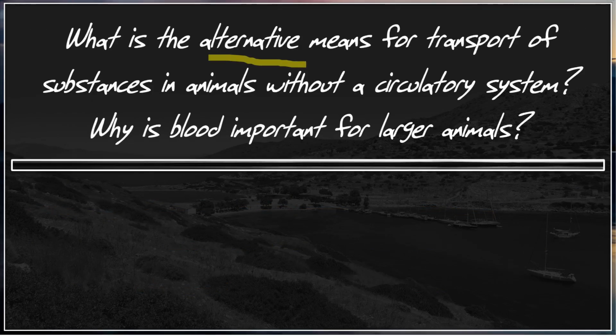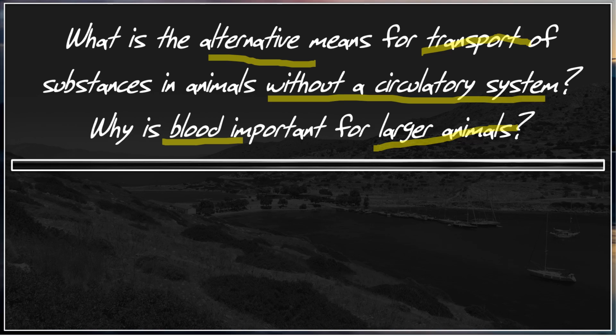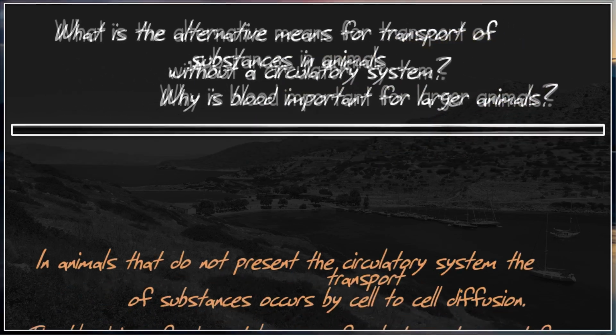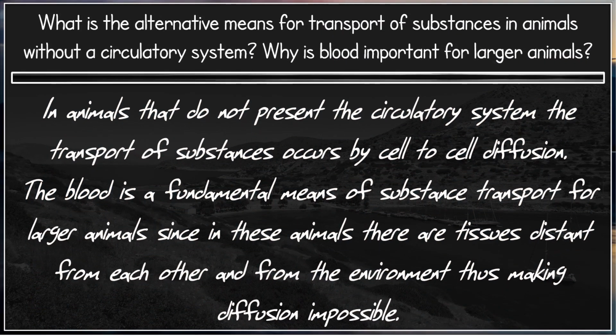What is the alternative means of transport of substances in animals without a circulatory system? Why is blood important for larger animals? In animals that do not present a circulatory system, the transport of substances occurs by cell-to-cell diffusion.